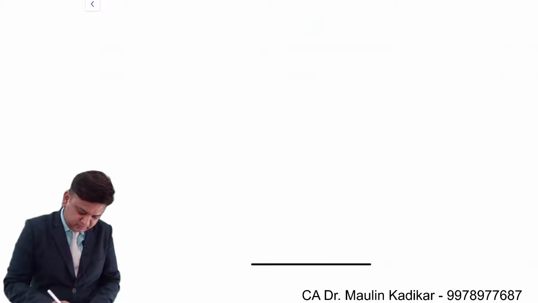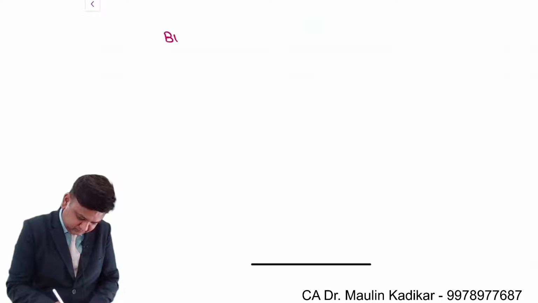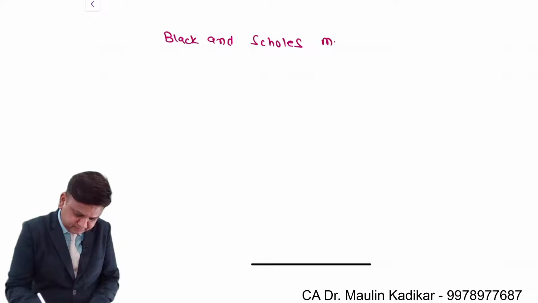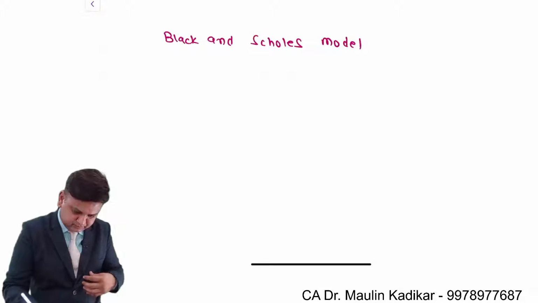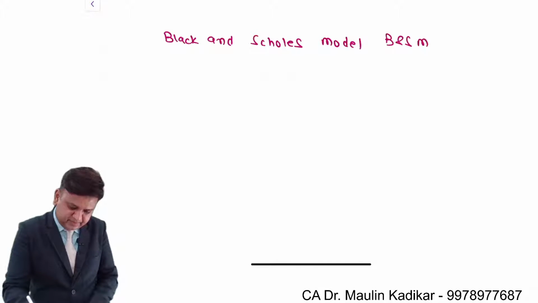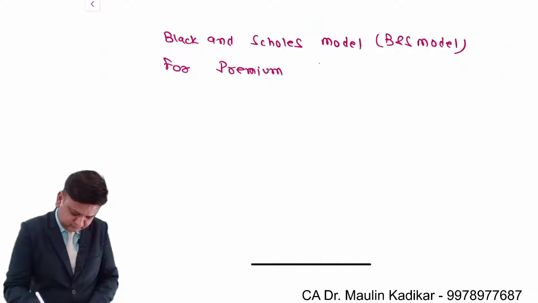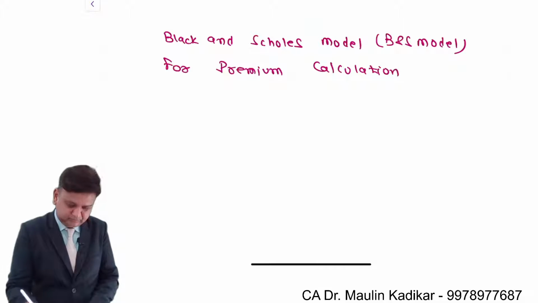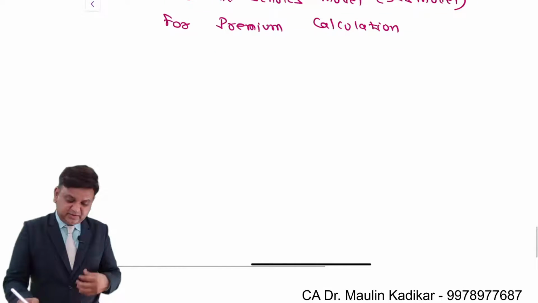So write down the heading: Black-Scholes model, B&S model for premium calculation. In that, write down the first point.